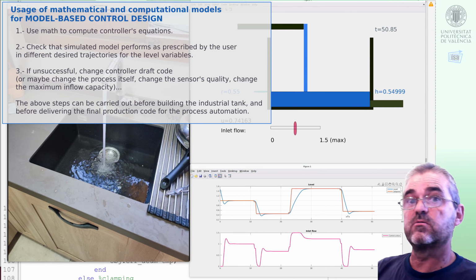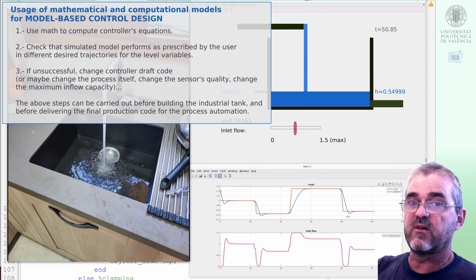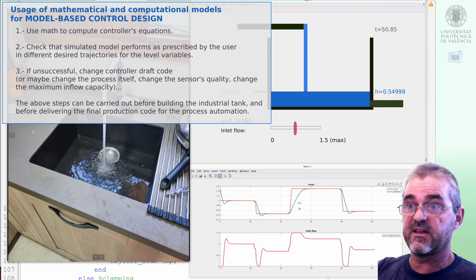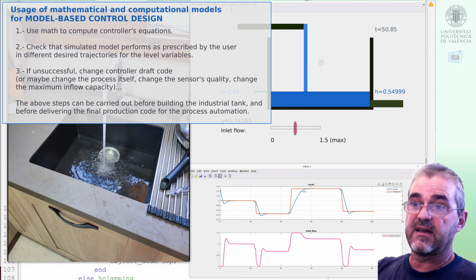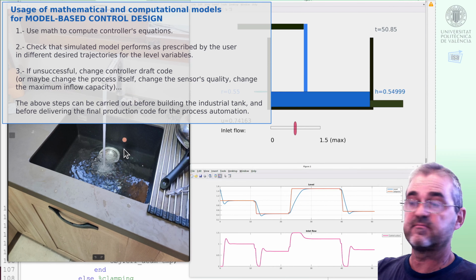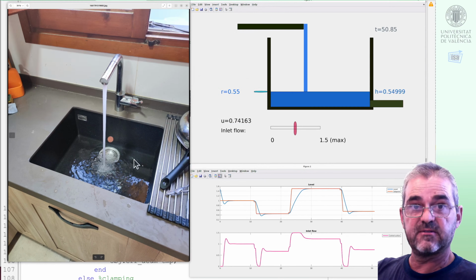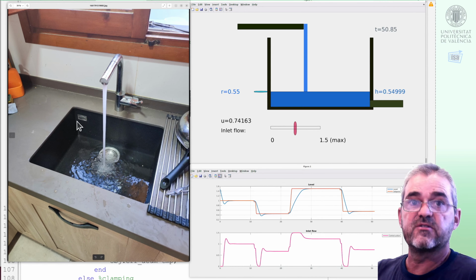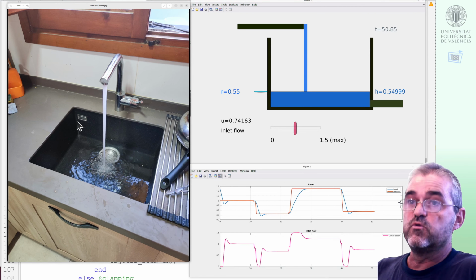So we can test that control software quickly without actual use of resources, reagents, water, whatever, just in my computer, and when that works correctly, then I can actually implement the feedback control in the real thing. So I buy a motor to open and close this valve, that's called an actuator. I buy some level sensors and I program in a so-called programmable logic controller or industrial controller or a PC. I do program this control software.